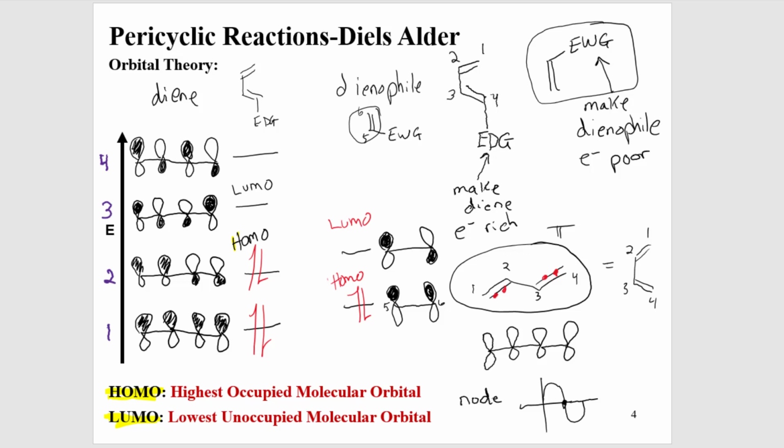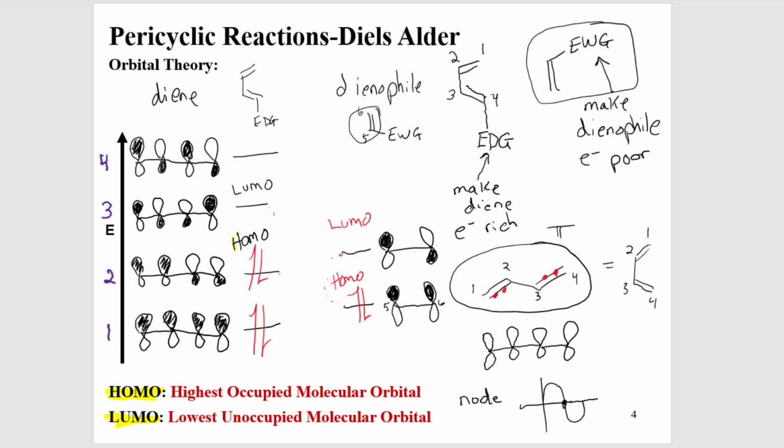Now, what happens is that the HOMO of one will interact with the LUMO of the other. You could go LUMO to HOMO in this direction, or you could go HOMO to LUMO in this direction. Whichever one has the smallest energy difference is the one that is used.